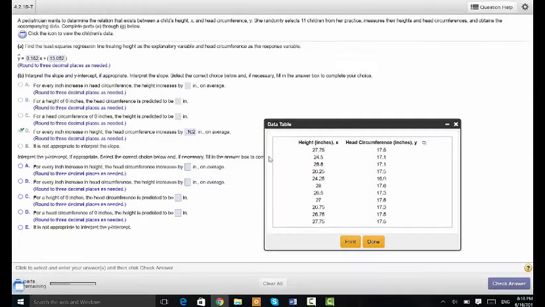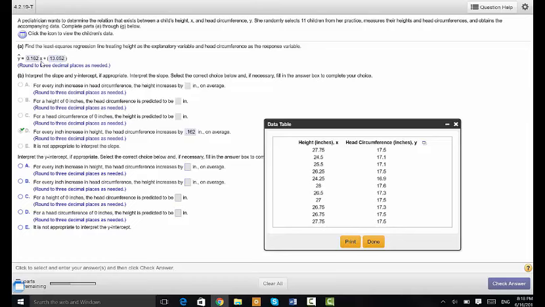Okay, well done. Next one is for the y-intercept. The y-intercept is where the line crosses the y-axis, or the other way to say that is when your x is equal to 0. So when x is equal to 0, in this case it means there is no height.